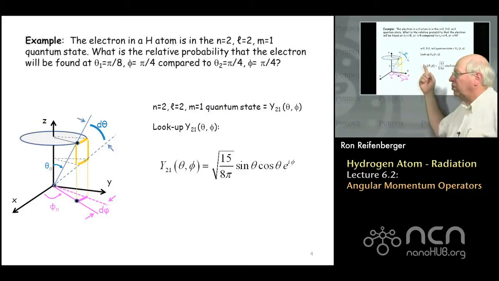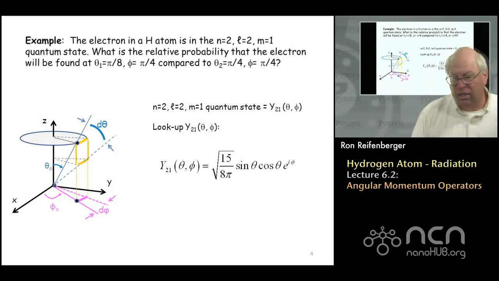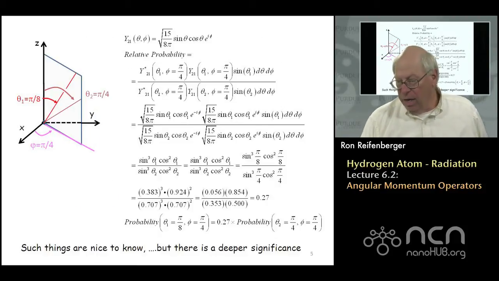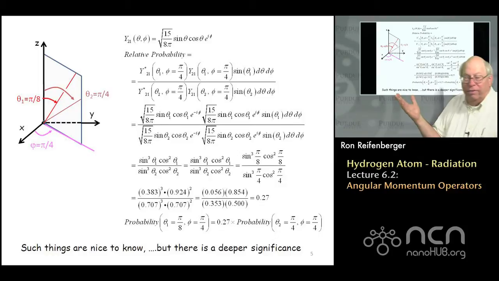So, once you know the quantum states, the quantum indexes, right, you can look up the wave function. In this case, we're focused on the angular wave function, so I write down what the angular wave function is for this particular problem. And in the next slide, I just go about evaluating the relative probability, right, using that wave function. And it's a straightforward calculation, right?